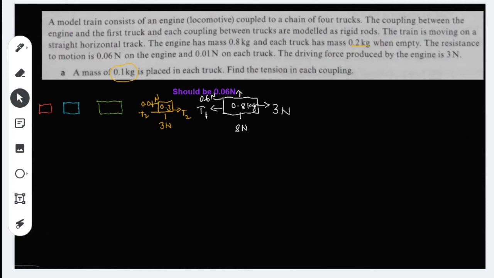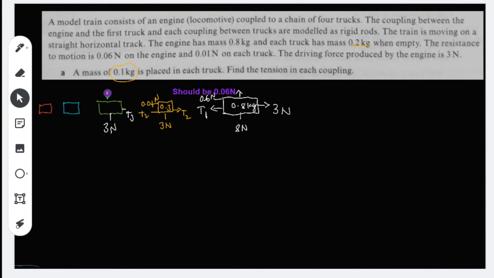Of course, this is your T sub 1, T sub 2, T sub 2. The next will be your T sub 3, here, this will be T sub 3. And the weight is the same, so that will be 3 Newton.